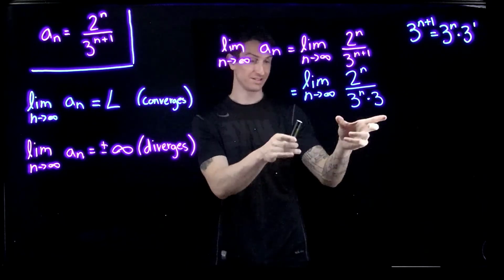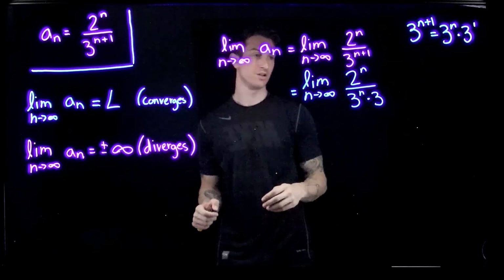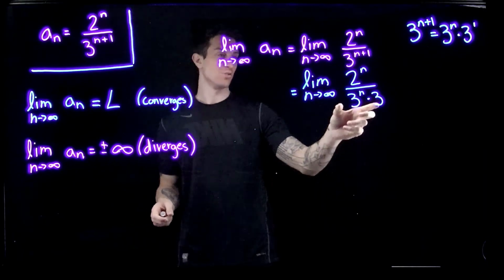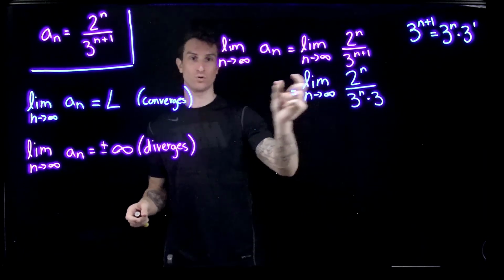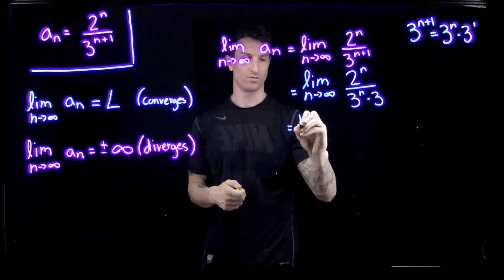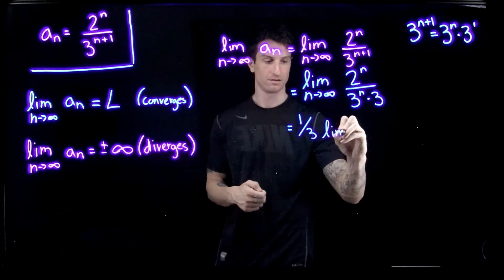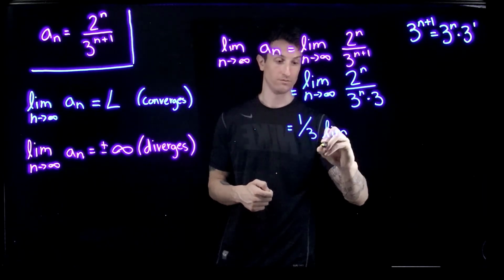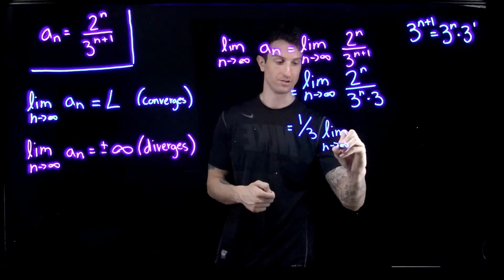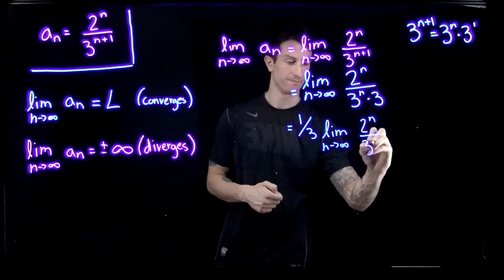And now that I have a constant, this is coming all the way back from 262, beginning of calculus 1, even before we did derivatives. If I have a constant here, I can pull this out to the front. So I can write this as 1/3 times the limit as n goes to infinity of 2 to the n over 3 to the n.